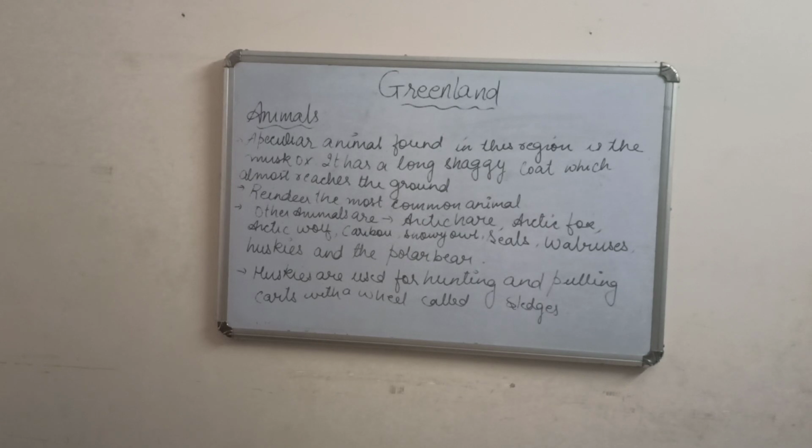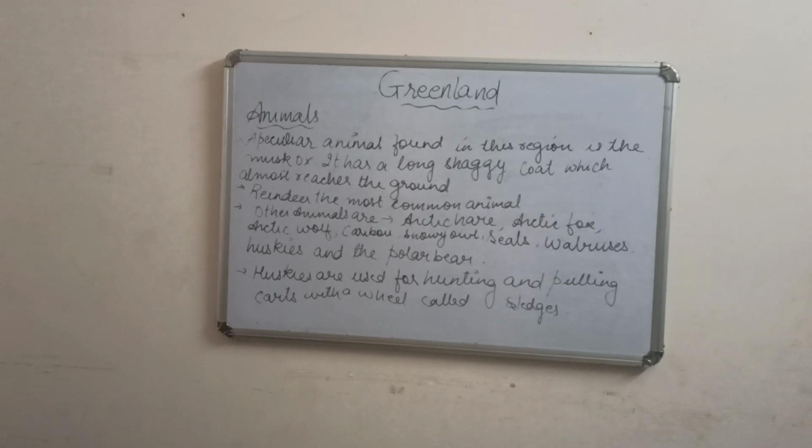So now let us talk about the animals of Greenland. A peculiar animal found in this region is the musk ox. But children, only those animals are found in Greenland which can survive the extremely cold climate, and the musk ox is one of them.